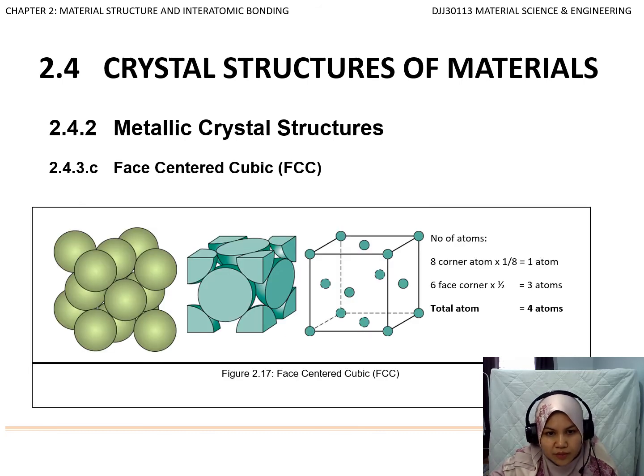Okay, so boleh tengok gambar rajah ni, sama je dekat each corner ni dia mesti ada 8 atom, but size atom tu 1/8 je lah. So total at each corner adalah 1 atom only. And then plus setiap permukaan cube ni dia ada 1 atom. 1, 2, 3, 4, 5 dan 6.